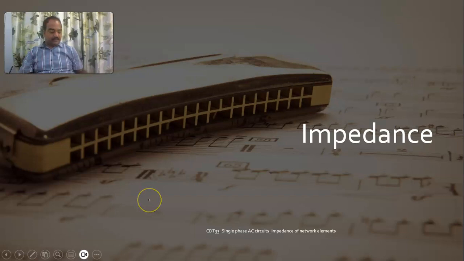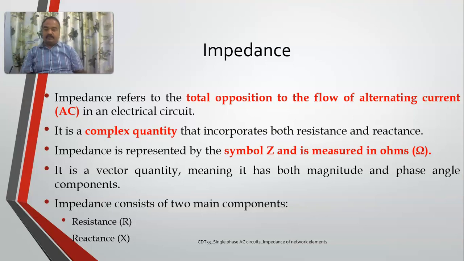So let me start with the impedance, what actually is the impedance, and then we will move on to the response of network elements. So far in the very first 2 units, you have heard only about resistance, even though I taught you the concept of 3 basic elements.